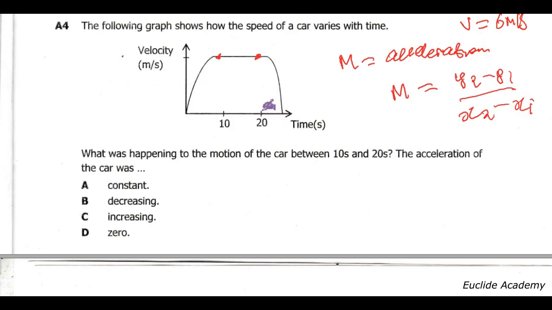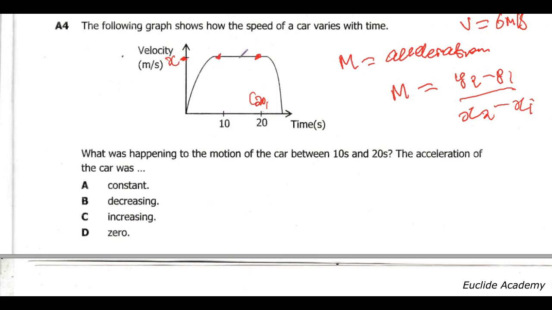How? Because this is 20 comma some y value, and 10 comma some y value. If this was x, they will all be the same.